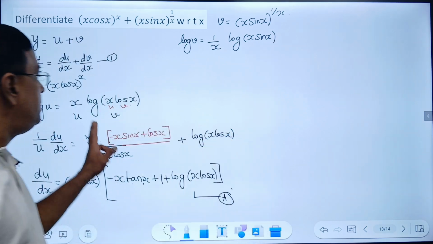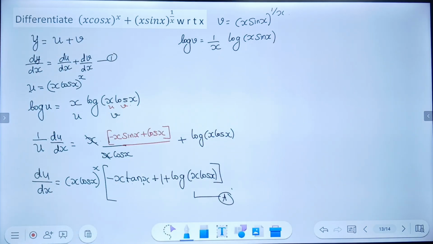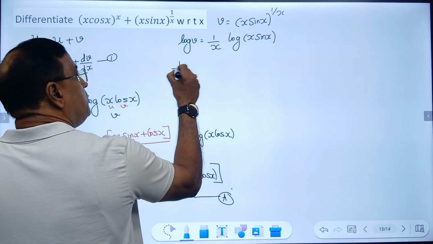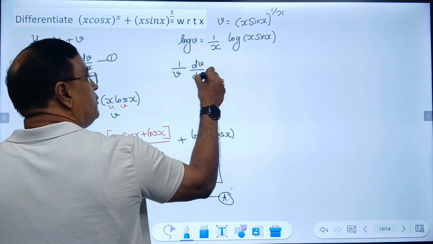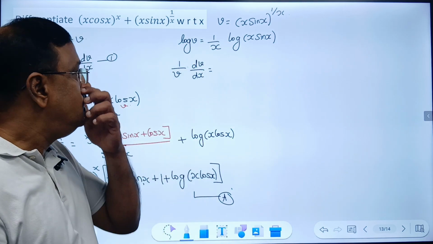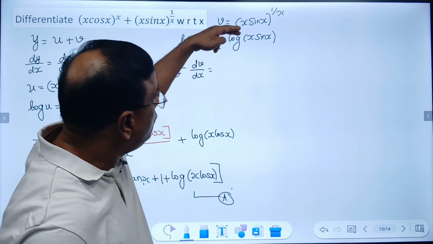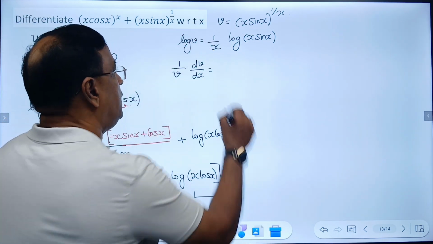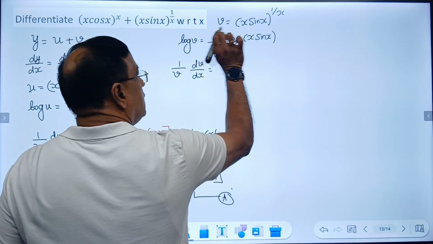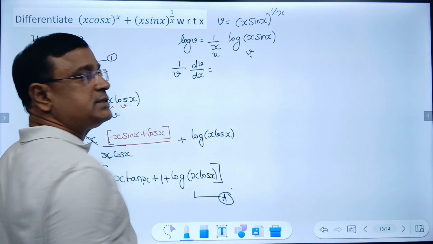So once again it's going to be something like this. Now I'm going to differentiate 1 by v dv by dx. Here I can use product rule or quotient rule. If you want to use quotient rule, you have to look at it as u by v. I'm going to use product rule, so my u will be 1 by x, okay, and my v will be log of x sin x.